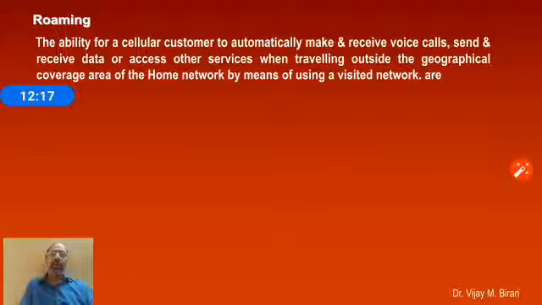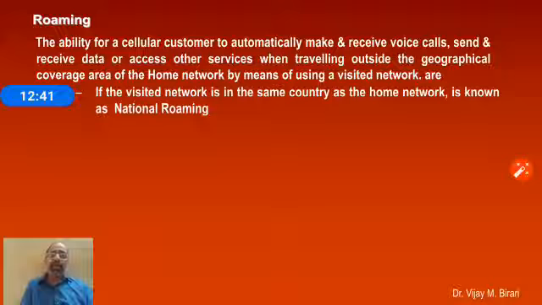Roaming, when we are moving from one area to another, is the ability of a cellular customer to automatically make and receive voice calls, send and receive data, and access other services when traveling outside the geographical coverage area of the home network by using a visited network.